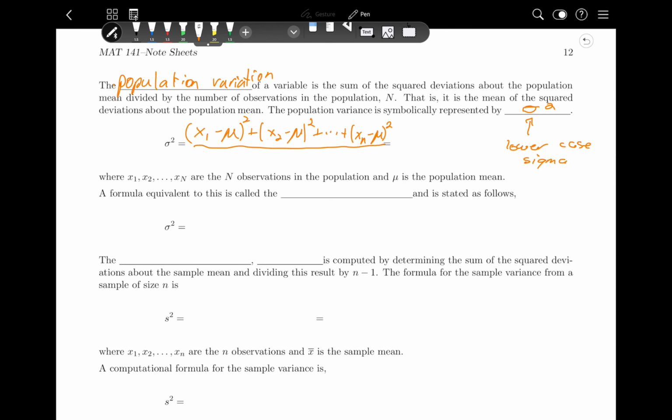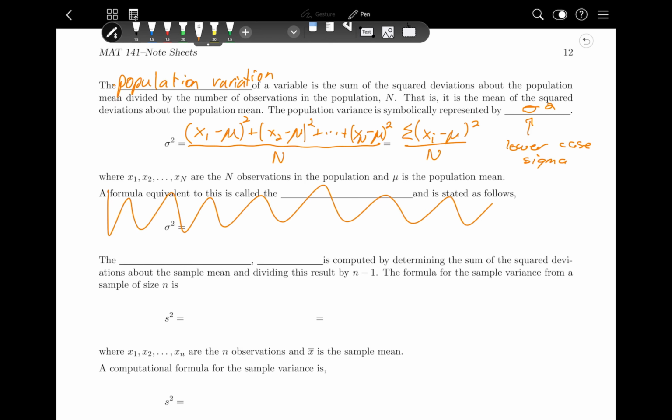And then we divide, this should have been a capital N, by capital N. Okay? And in shorthand, that formula is the sum of all the x sub i minus mu squared over capital N. Remember, this capital sigma just means the sum of, to add them all together. So we're just going to skip this part. Okay, and we can do the same thing for a sample variance.